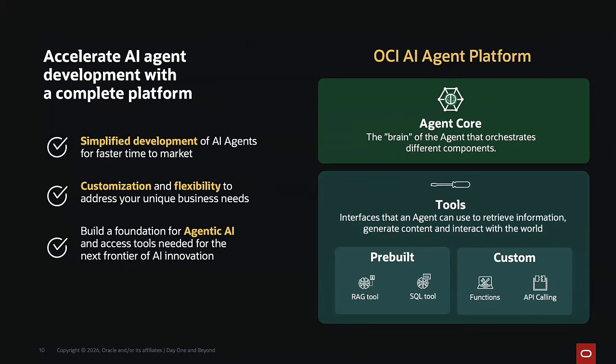Now you have your large language models that you can select from, and they're very smart, but they're isolated, right? They don't know about your current inventory levels. They don't know about your HR policies. They don't know about your business and your business logic. The agent core that you can see here is the brain. And the brain has different tools it needs to actually do the work. If you look at the bottom boxes on the right-hand side, you have pre-built tools within the agent platform to do things like retrieval augmented generation, which can read your documents, or even using the SQL tool to query your databases.